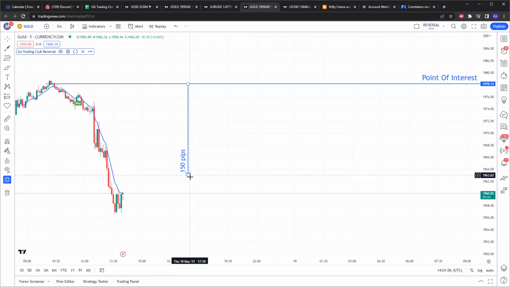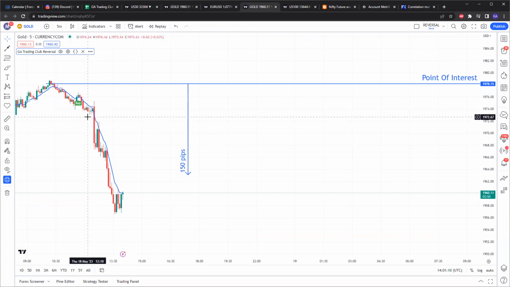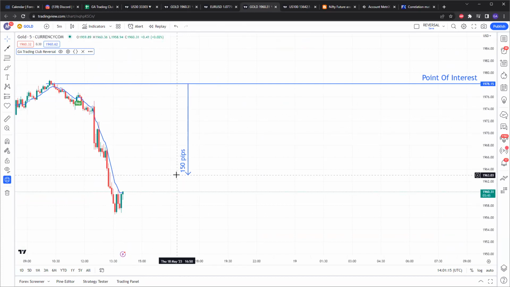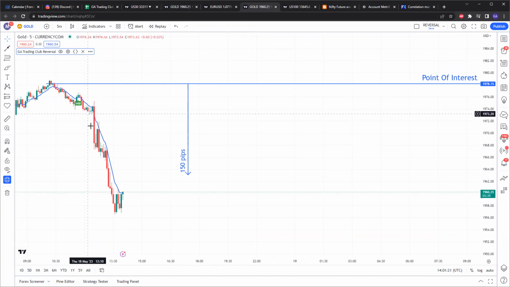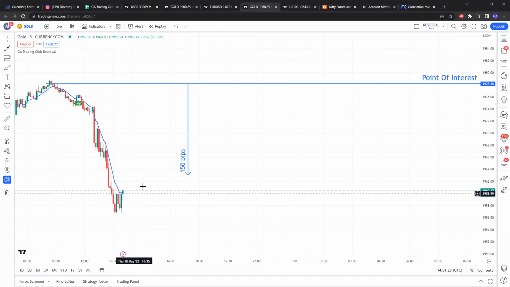So it already met the 150 pips threshold. Even if you take off these huge candles that are part of the move, you take out above about 10 pips, you can see gold drop to about the 1954, 1955 area. So you can ignore these huge candles for now because price dropped so far below the threshold.